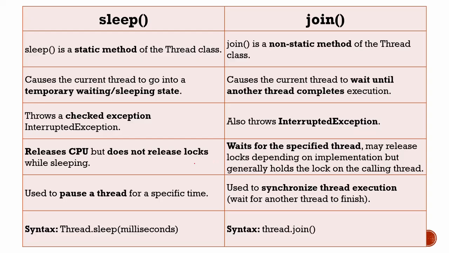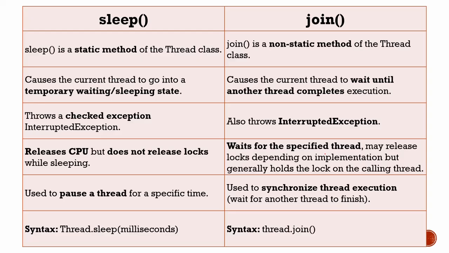Here sleep throws a checked exception, an InterruptedException. It releases the CPU but does not release the lock while sleeping. The lock means that first the thread will complete its entire execution.